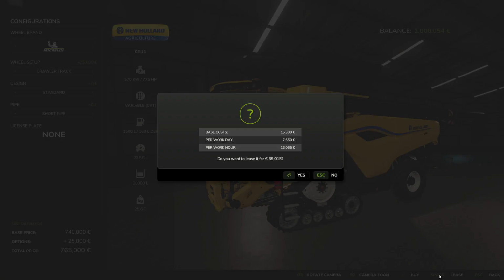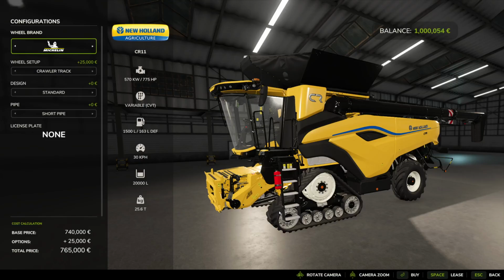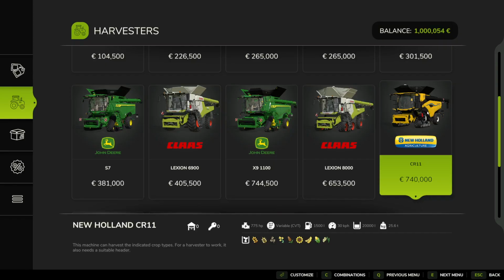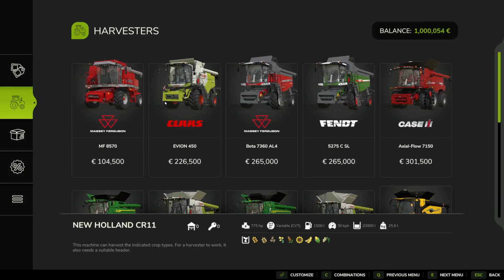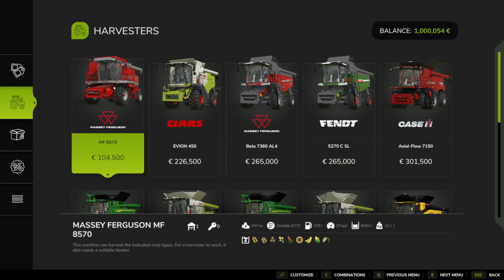And then you go on leasing, you have to pay nearly $40,000. And if you are a small farmer, you don't even get $40,000 in the whole year from all your fields. And therefore it could ruin you just to rent this combine. Then I would rather go for that one.